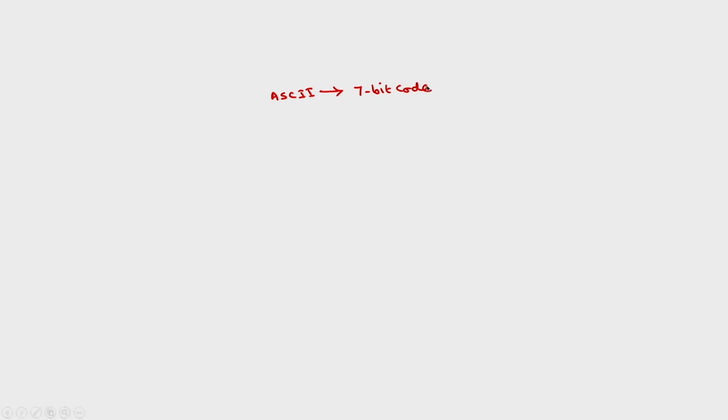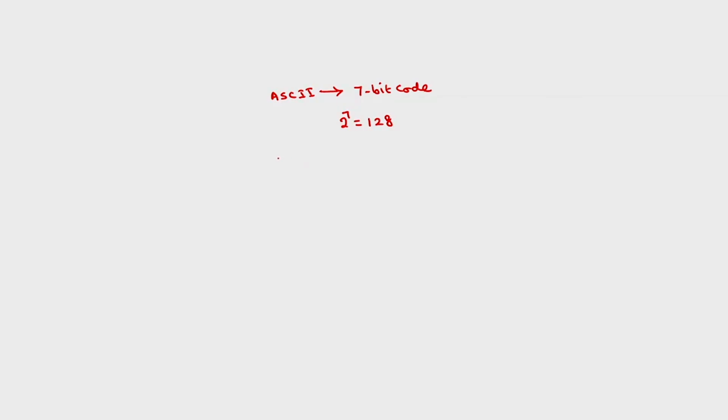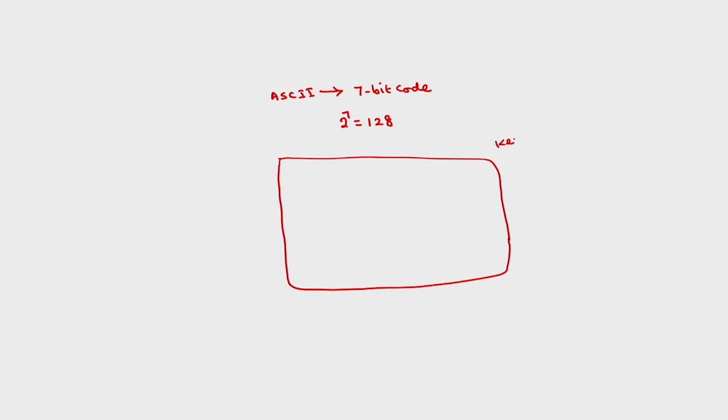We know that using 7 bits we can have 2 raised to the power of 7 combinations, which is equal to 128. That means if I use the ASCII code to code the keyboard, I can have 128 different keys.